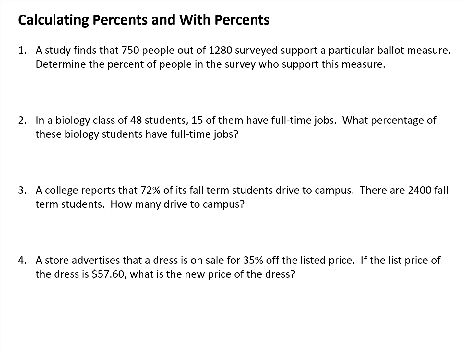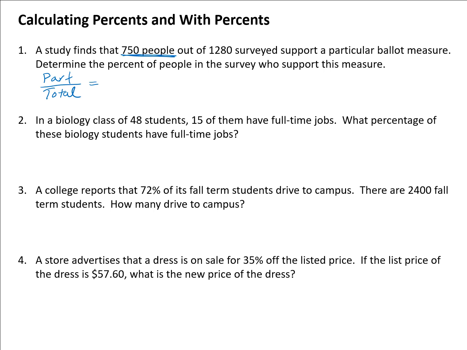To calculate a percent, generally the rule of thumb is to take the part of the group that we're interested in and divide by the total. I'm using a fraction bar just to denote divide. Here, the part and the total are given to us.